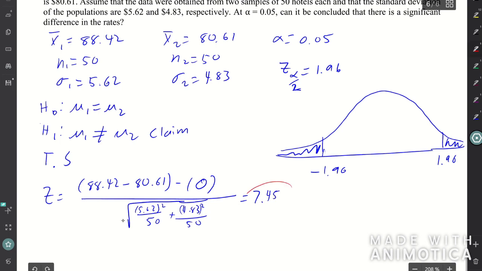Now this is not even on our picture. It'd be way over there.